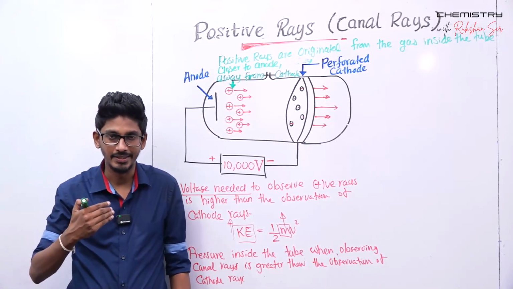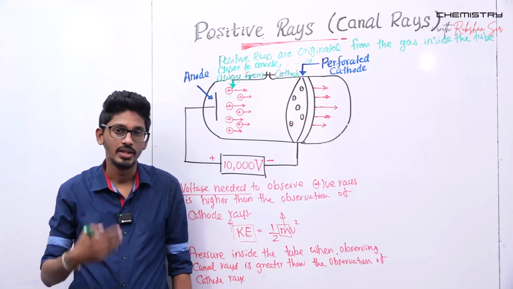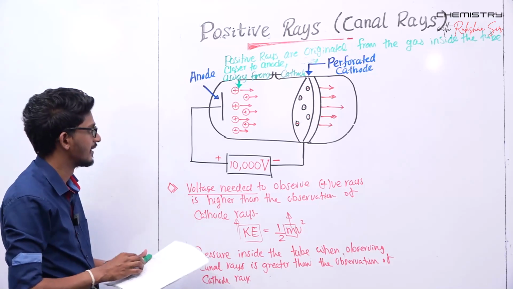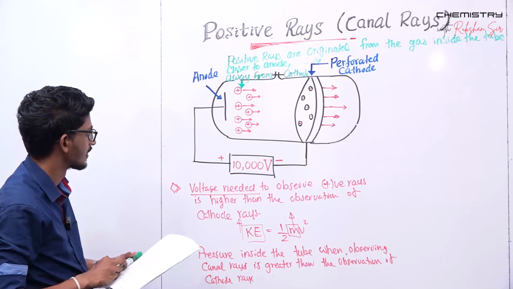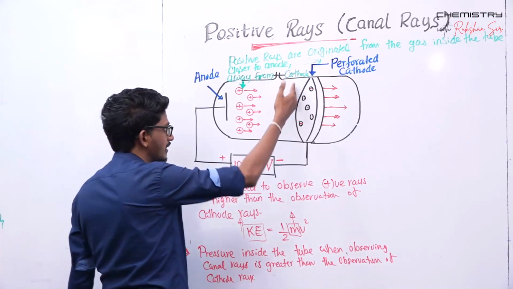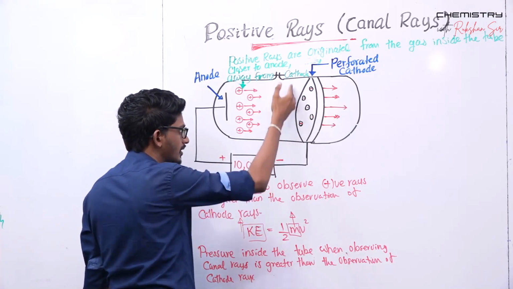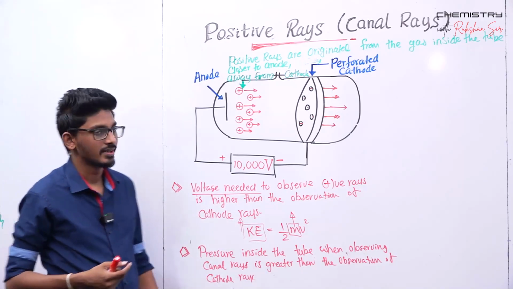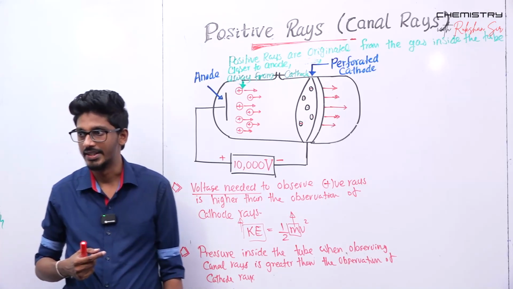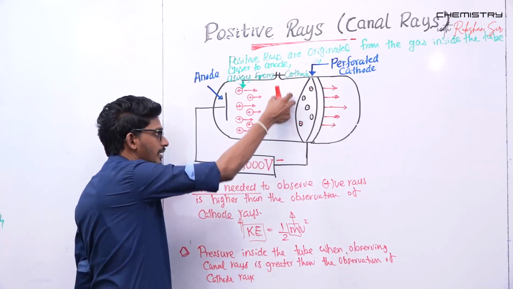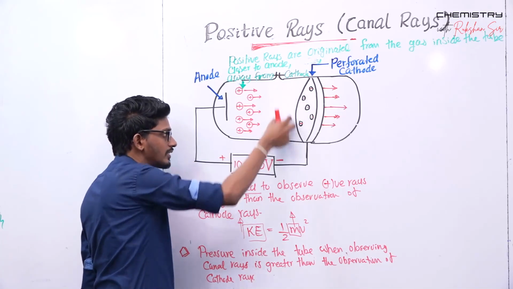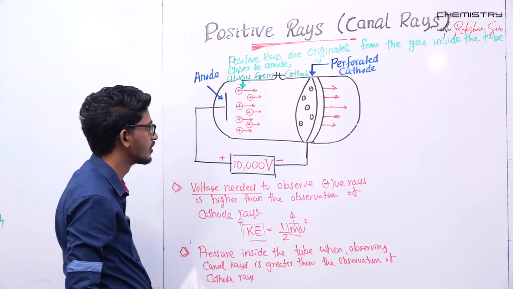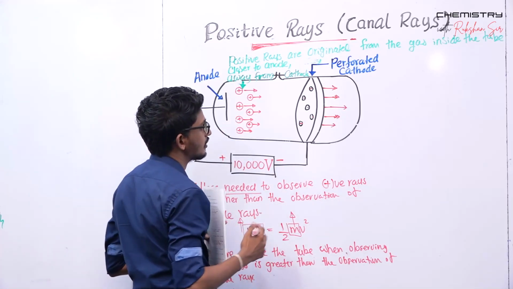So we need to know why that is. The thing is this. Suppose positive rays were to originate from here. Can anyone guess what will happen if the positive rays were to originate near the cathode? These are positive rays now, and your cathode is negatively charged.